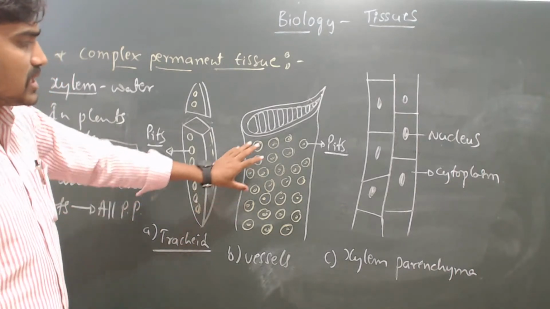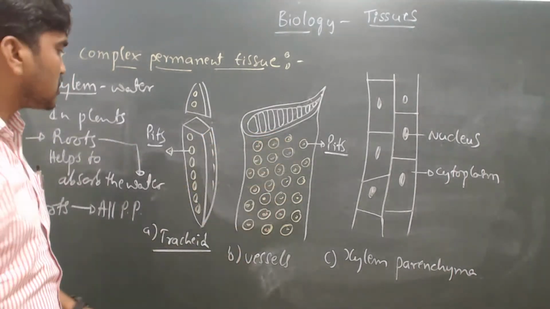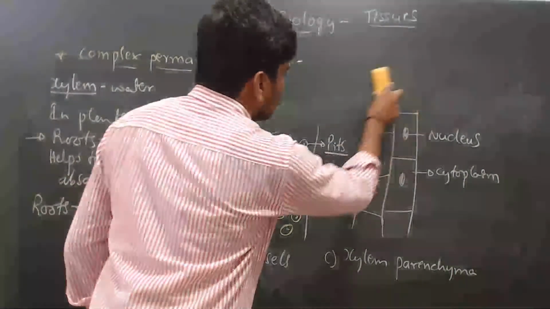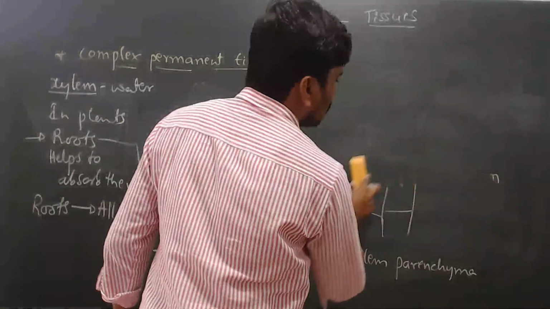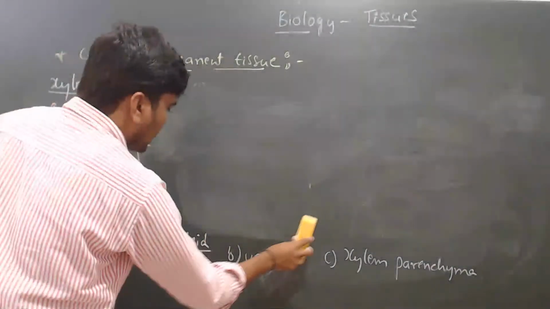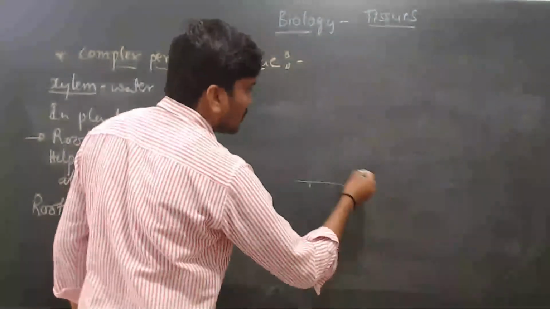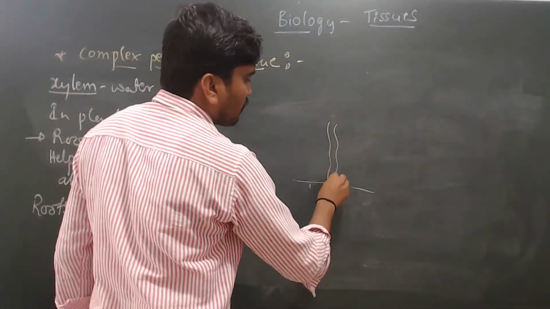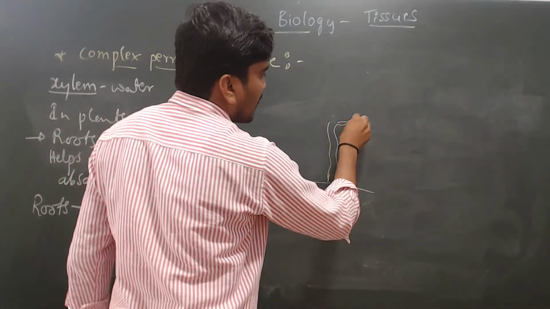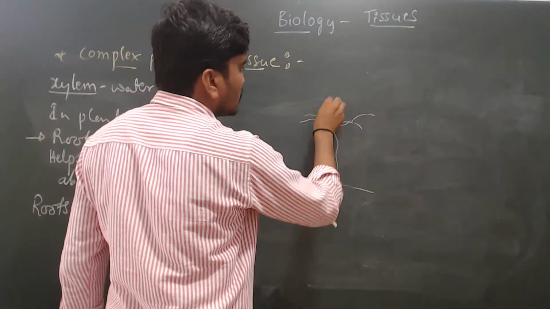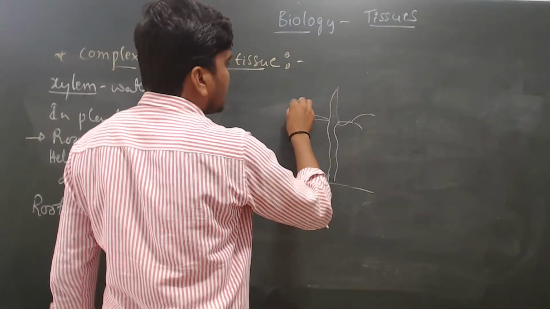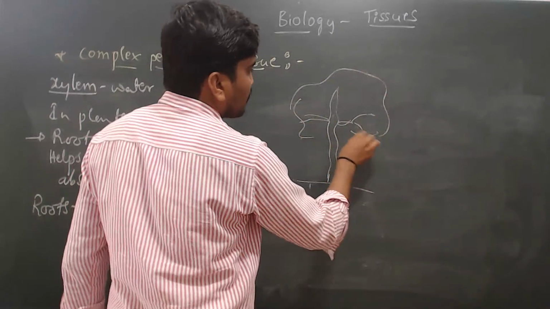See, again just observe the diagram. Now I will draw this diagram. Here I said roots are absorbing the water. Then, with the help of the tissue, just think this is the ground layer. This is the stem part of the plant, and these are the branches. Like this, it is a plant.